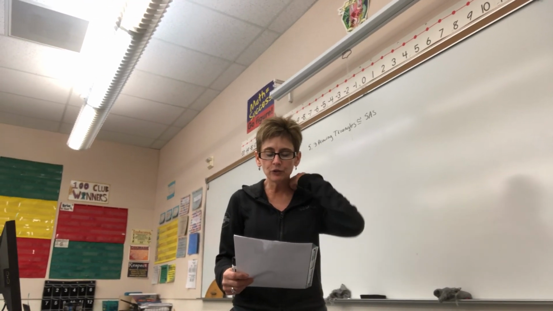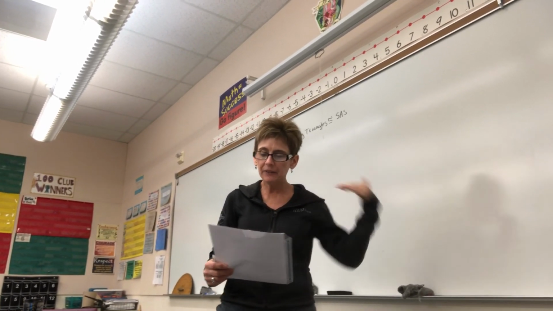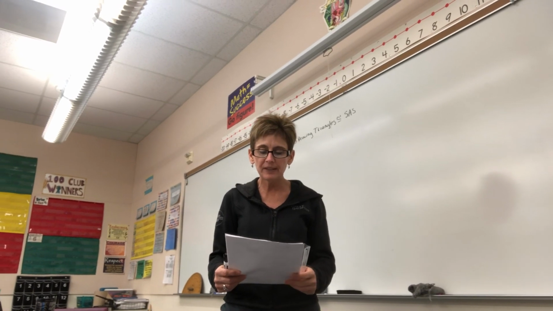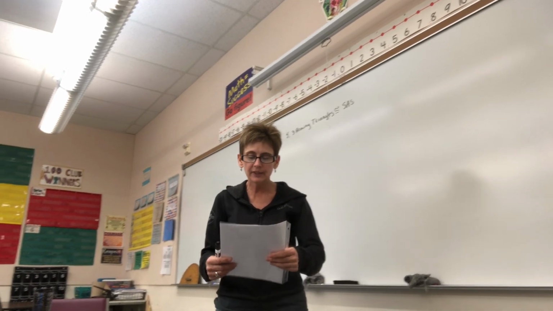In order for two triangles to be congruent, we know that all three pairs of corresponding angles, and you don't have to write any of this down, don't worry, I'm just giving you the background, and all three pairs of corresponding sides need to be congruent. However, it's possible to prove two triangles congruent using fewer pairs. Mathematicians have developed several theorems that allow us to do so. Today we will learn the first of these theorems, side, angle, side.